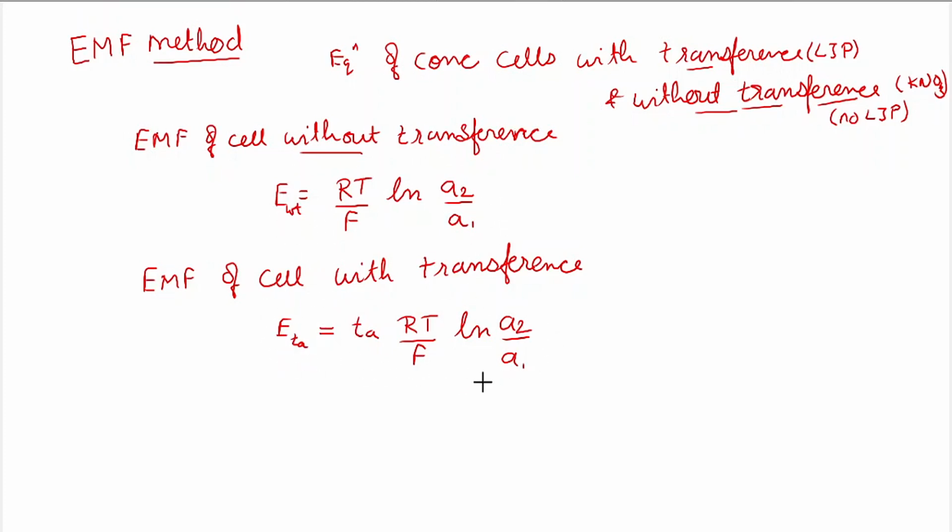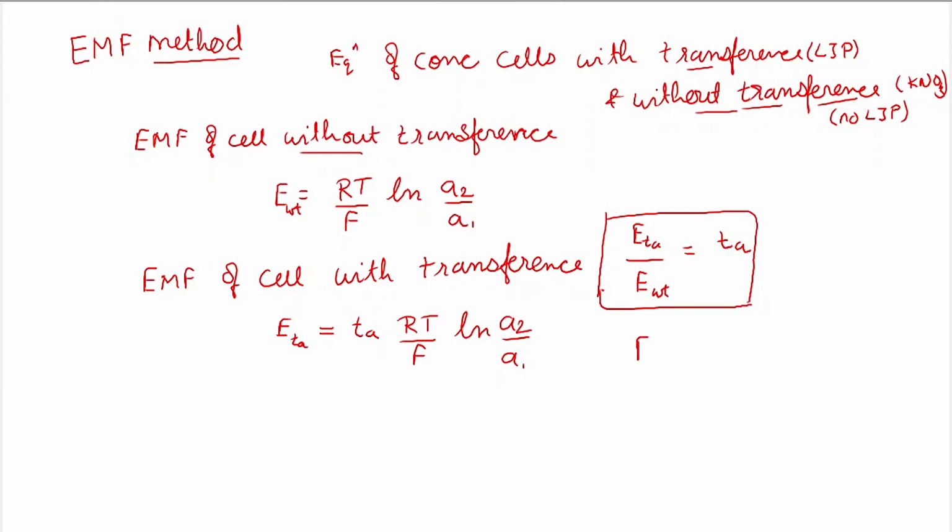So E_TA upon E without transference equals this whole term, and the common term cancels out, and we are left with only TA. In this way we can easily determine the transport number of the anion.